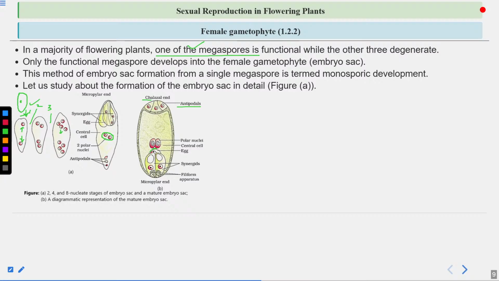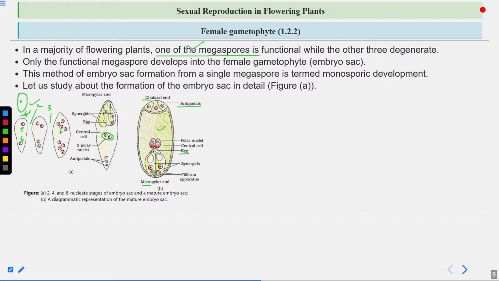So here you can count the number of cells and nuclei. 3 antipodal cells, and 1 egg cell and 2 synergid cells, so 3 cells at the micropylar end. Total 6. And what about the central cell?